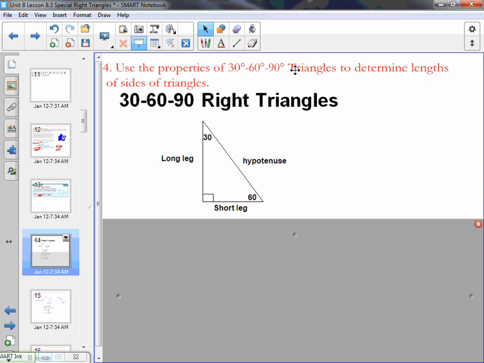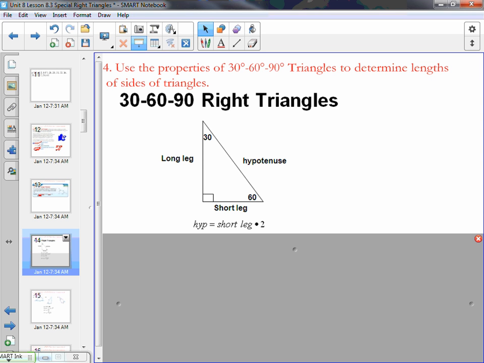Now, here's what we've learned. The hypotenuse equals the short leg times 2. So whatever the length of the short leg is, multiply it by 2, and now you know the length of the hypotenuse.